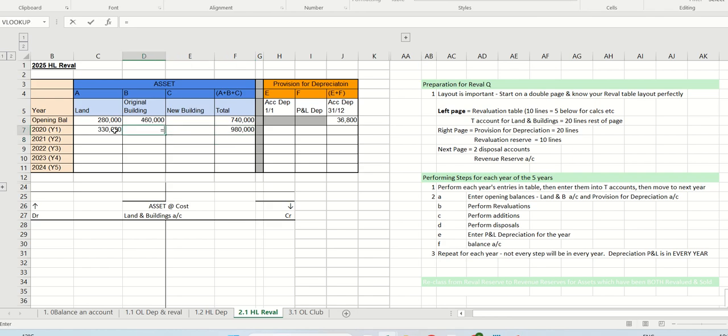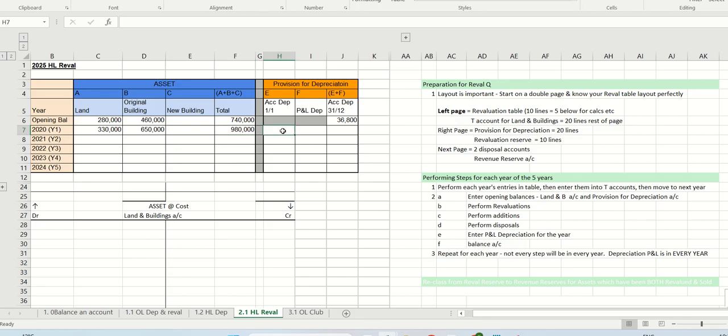And so we can then figure out how much was the increase in the value of the building. So it'll be the difference between the 980 and the 330. So our buildings went up from 460 to 650. Okay, so we have it very clear in our table now. The land went up to 330, the original building to 650, the total has gone up to 980.